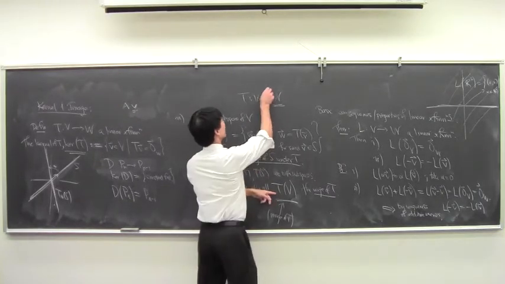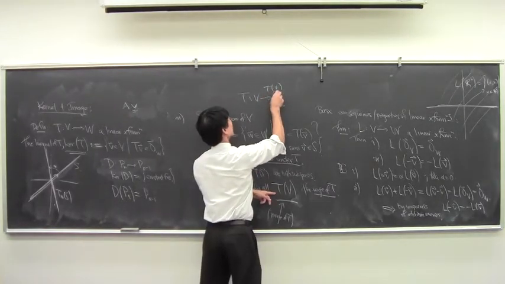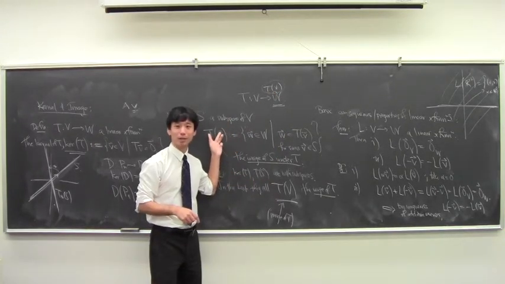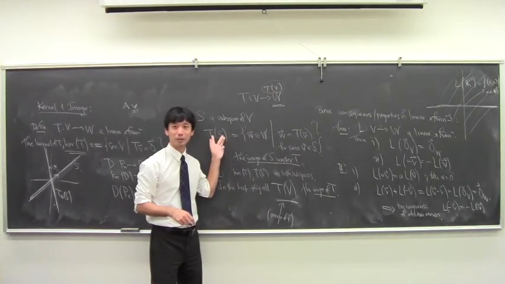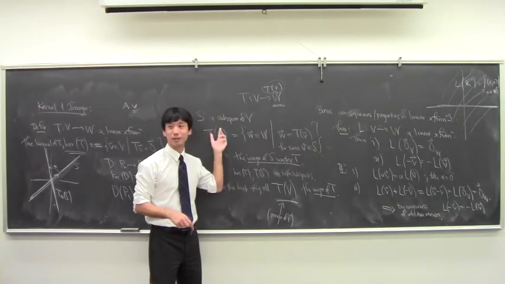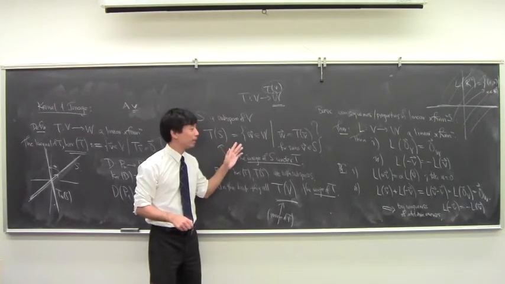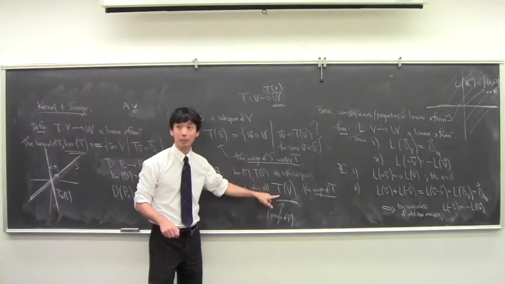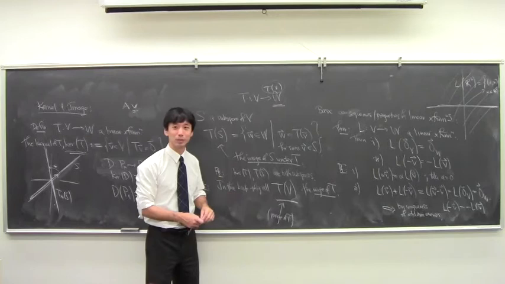But for the authors, this is the range, and then image is used for the image of some subspace of V. Anyway, I think it's more common to call this thing the range and then this thing the image. Okay, just to tell you.